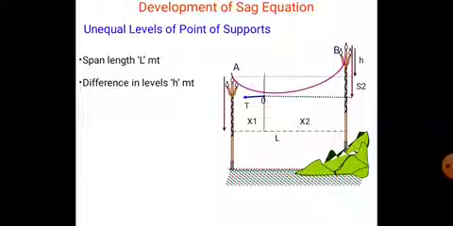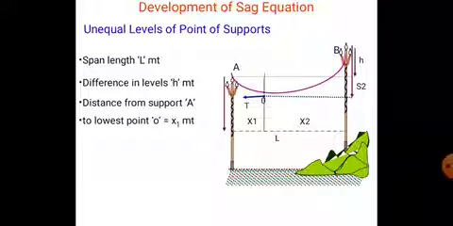The span length is L meters and the difference in levels is H. H is equal to upper height minus lower height, that is H is equal to S2 minus S1. The distance from support A to the lowest point O is x1 meters, and to B is x2.